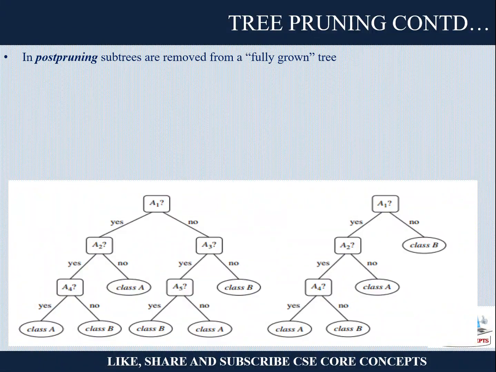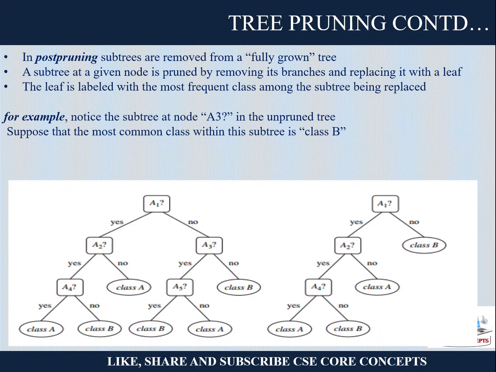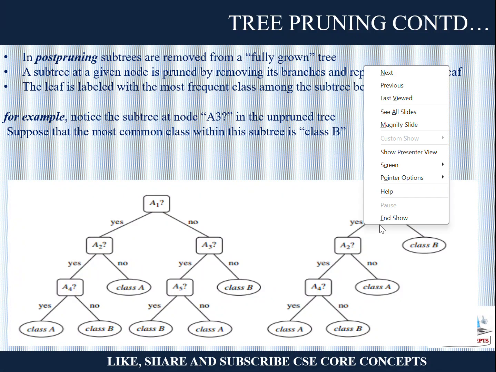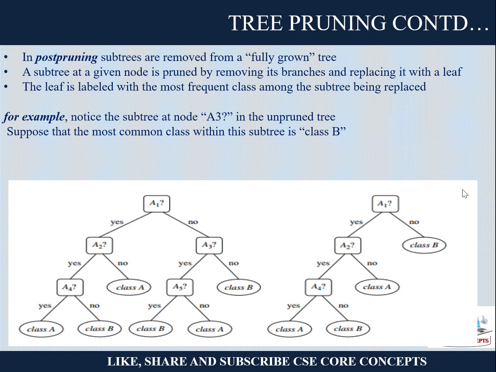So what is post-pruning? You remove branches from a fully grown tree. Let's say, for example, you see this graph of a tree where the first attribute is A1. On A1 you have done a split, with two branches, yes and no. If it is yes, you have the second attribute A2.